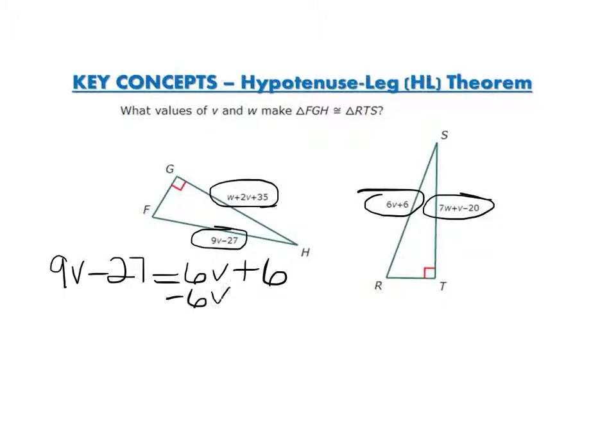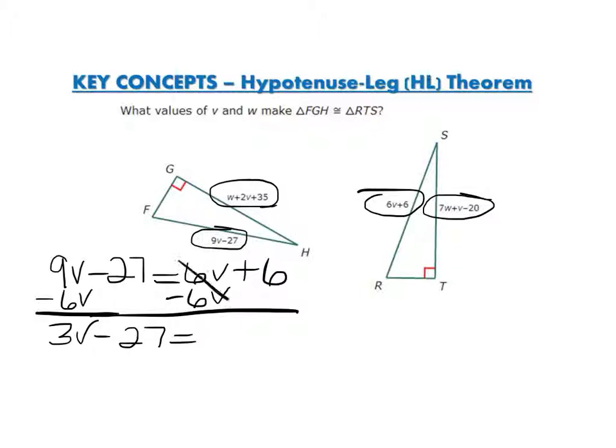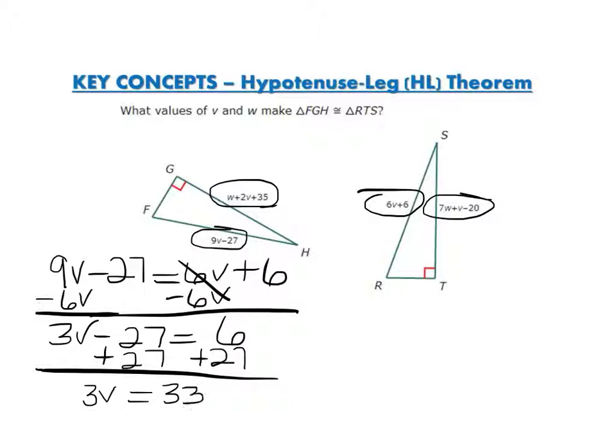I subtract 6V from both sides, which gives me 3V minus 27 equals 6. Add 27 to both sides. 3V equals 33. When I divide both sides by 3, I get V equals 11.